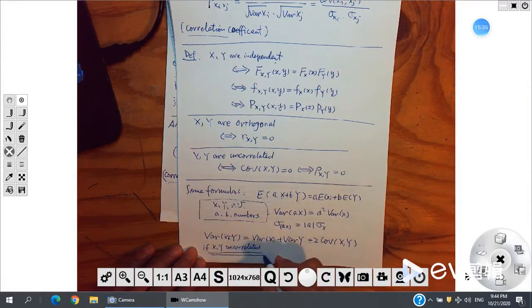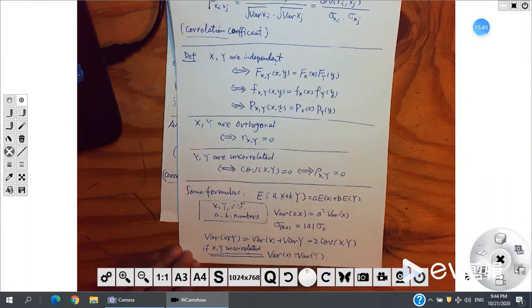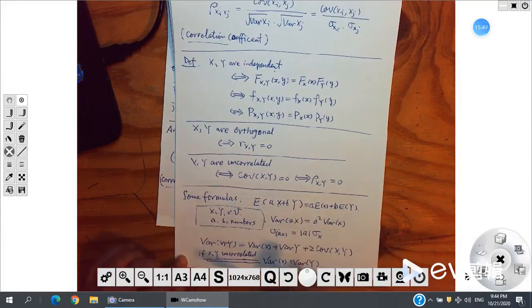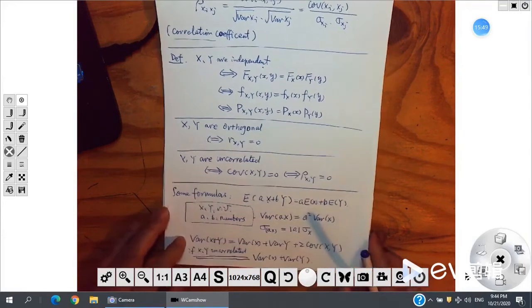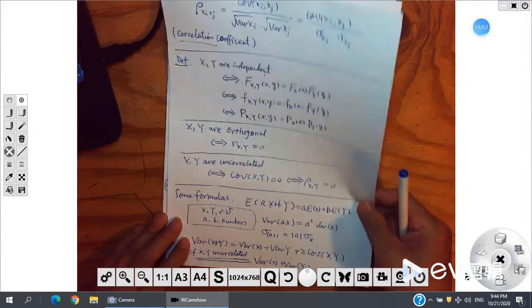And we have this simpler formula: the variance of X plus the variance of Y. So we have some formulas that might be used when we want to do some calculation.